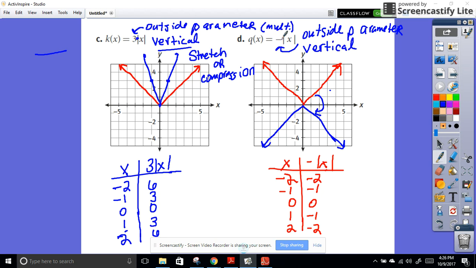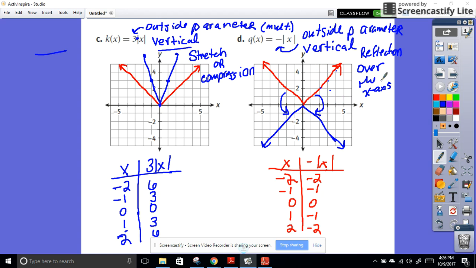And because it's a negative, we say it's a vertical reflection. Vertical reflection means it reflected over the x-axis. Because what was all positive y values now becomes negative y values, and we're reflecting it over that x-axis.